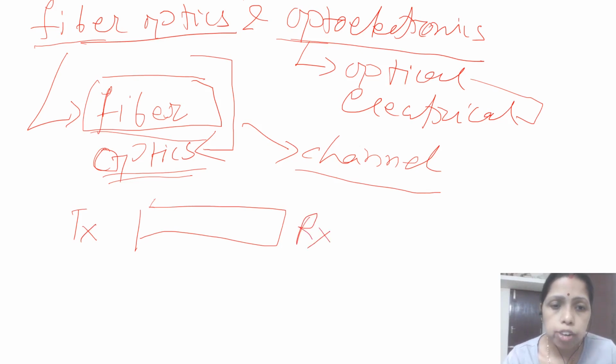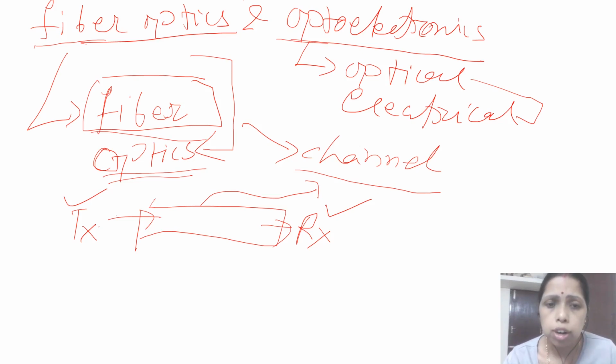In any kind of communication, there will be a transmitter and a receiver. Between them there are two kinds of communication: wired based and wireless based. If you need wired communication, the signal is transferred from transmitter to receiver through the channel.